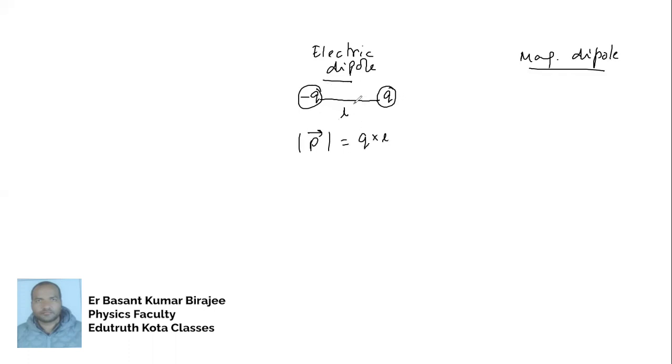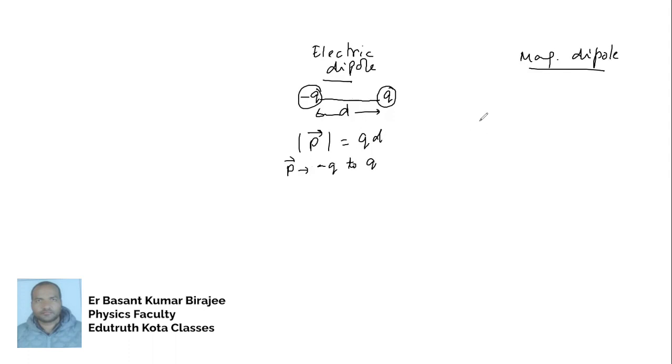In some books you might have seen the formula as Q into 2L or 2D, if you take the separation as 2D. We are taking the separation as it is, so it will be charge times the distance of separation. And what is the direction of the dipole moment? The direction is from negative charge to positive charge, minus Q to plus Q.